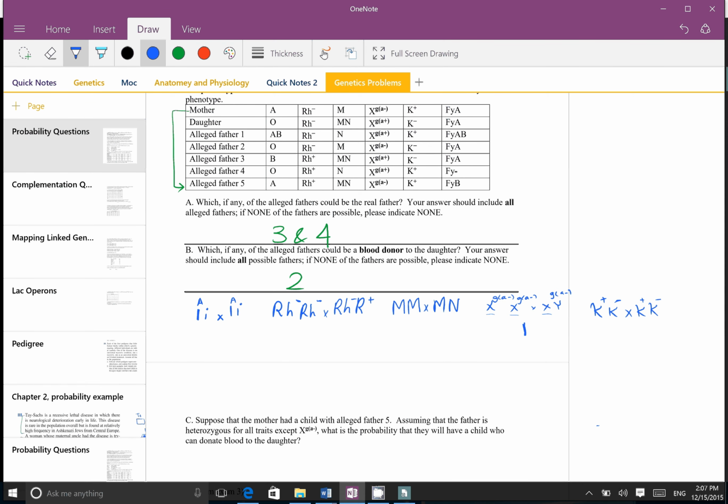And then for the FYA, the mother could be FYA, or FY negative.